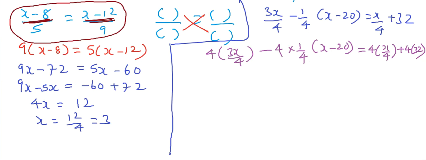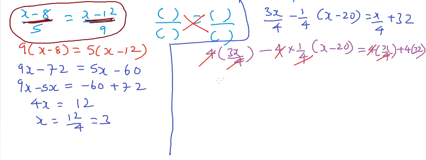Here we are multiplying each term by 4 just to get rid of the fractions, because the LCM is divisible by the corresponding denominators. Here, 4 gets cancelled.